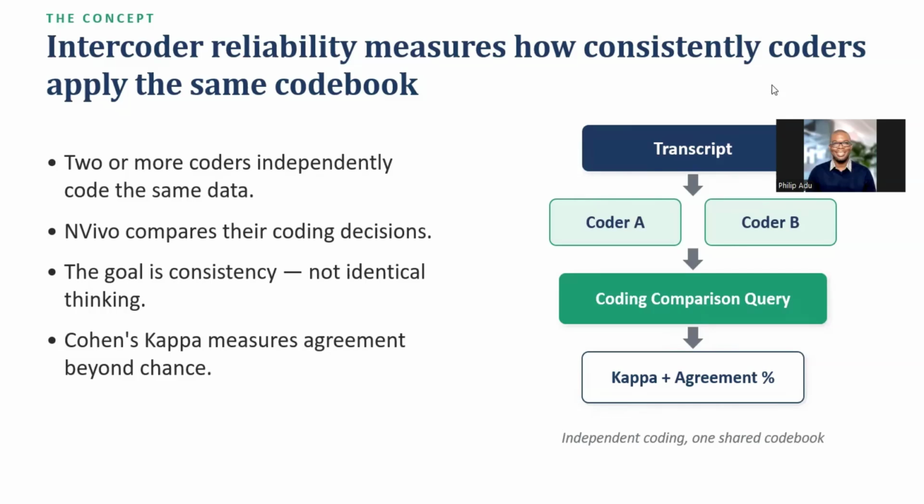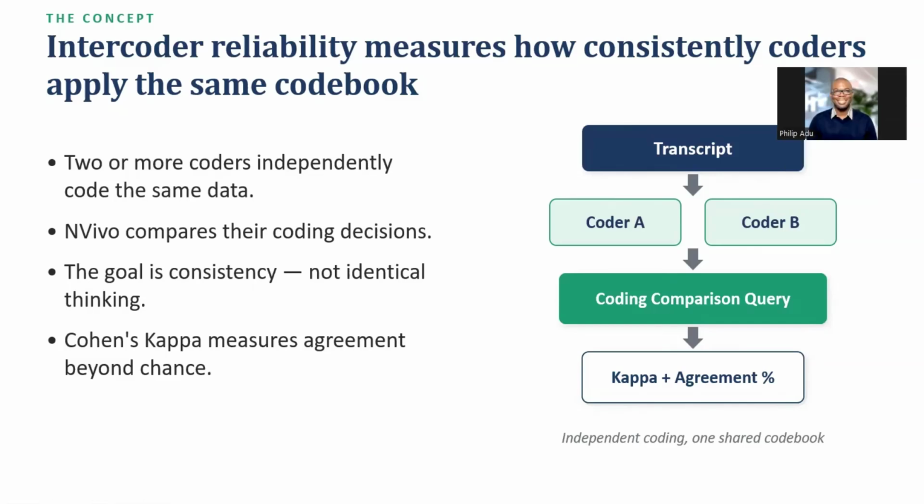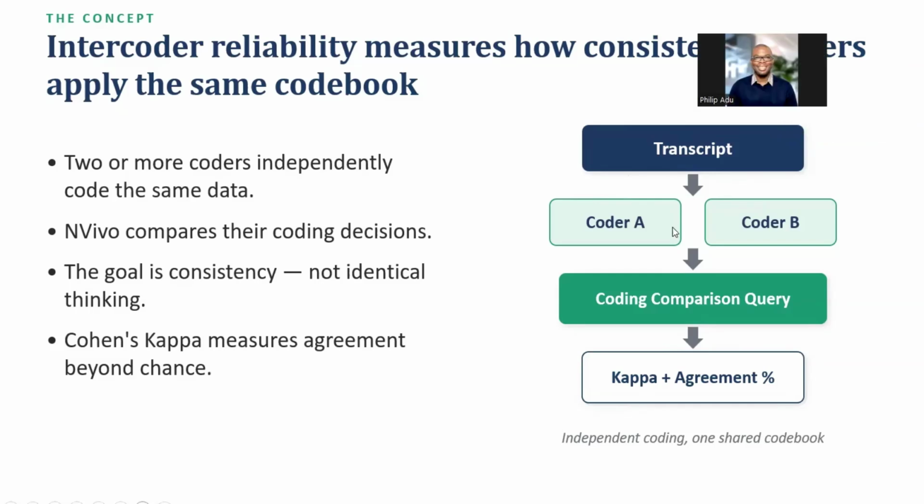In order to adequately run intercoder reliability, it's very important to have the same code book. And what is the code book? A code book contains all the codes and the definitions of the codes, and sometimes examples of what segments should be applied to a specific code, and also the criteria in terms of what should be coded and what should not be coded.